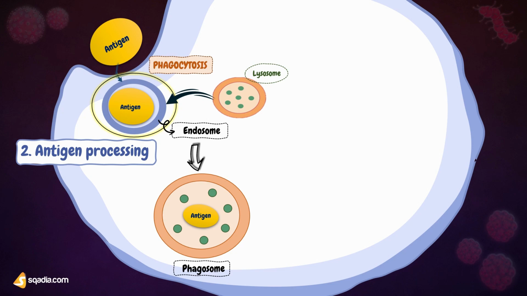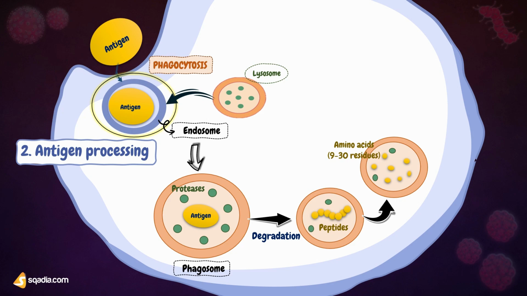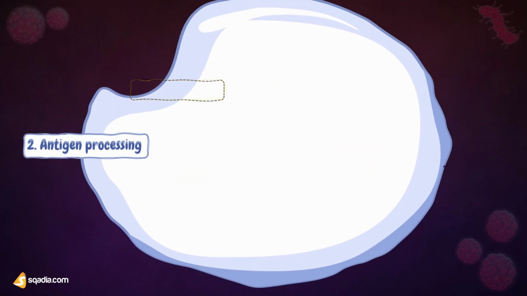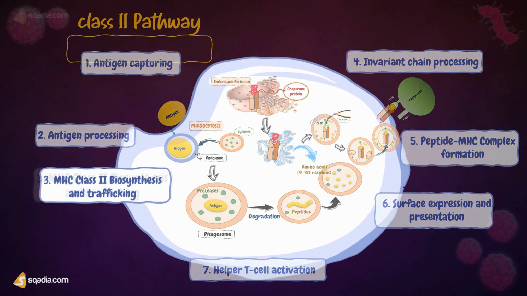So now, within these newly formed phagosomes, the antigens are subjected to degradation by enzymes, such as proteases, into smaller peptide fragments. These peptides are then further degraded to 9 to 30 amino acid residues. Now this is the size required for their attachment over the binding groove of MHC, so now we can say the antigen has been processed.